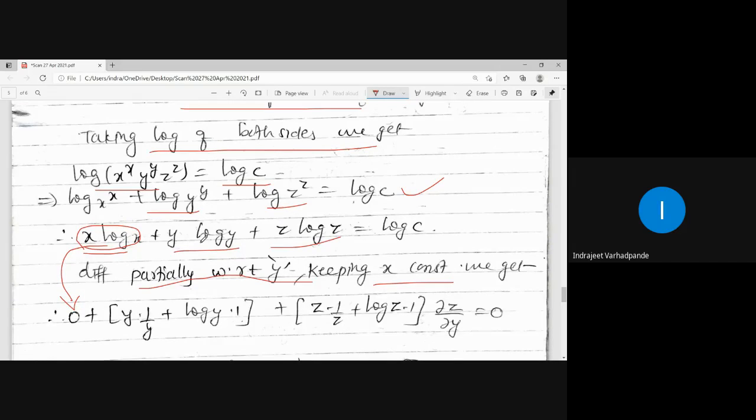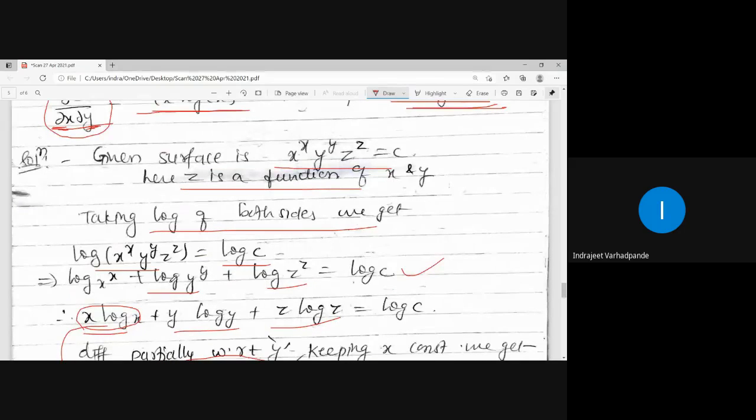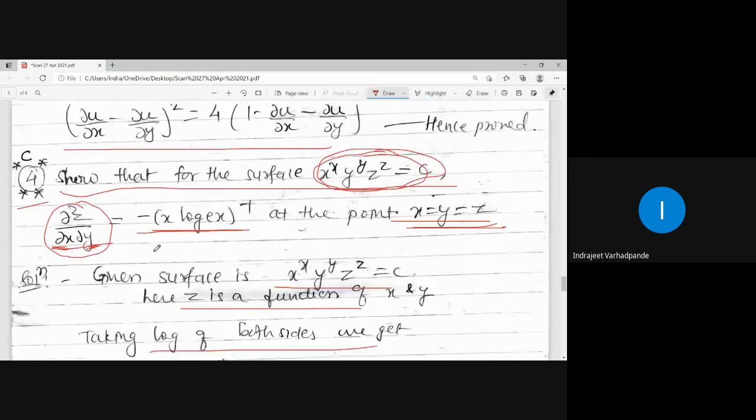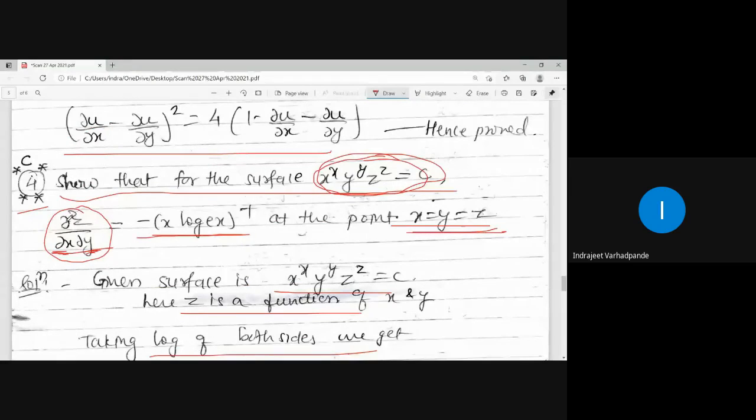So first I have to calculate. Now why am I differentiating partially with respect to y first? Because in the derivative I see the term del 2z by del x del y. If you differentiate partially with respect to x first, still it is okay. Yesterday we saw that in all general cases del 2z by del x del y is the same as del 2z by del y del x.